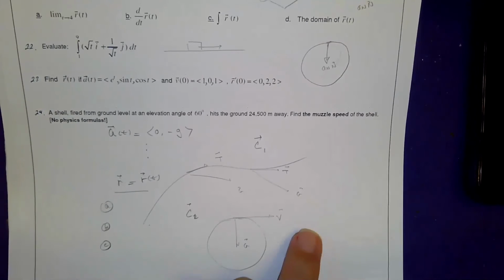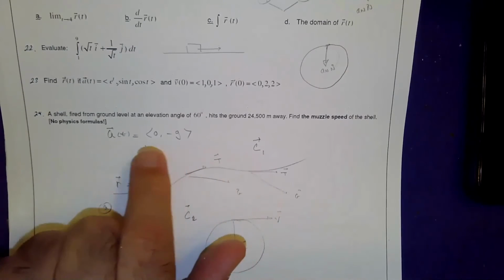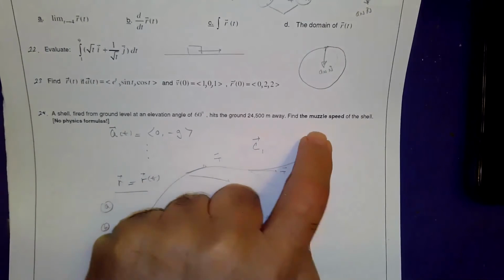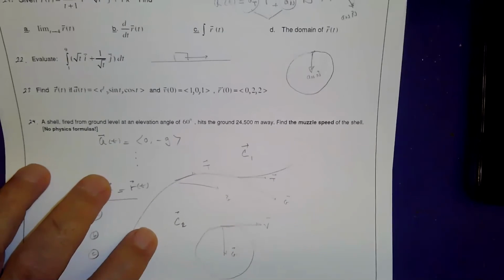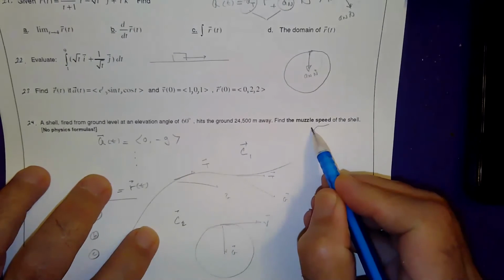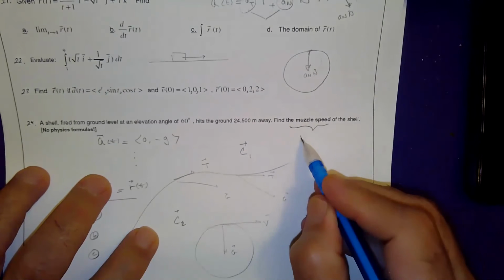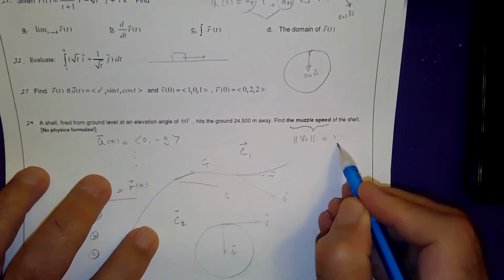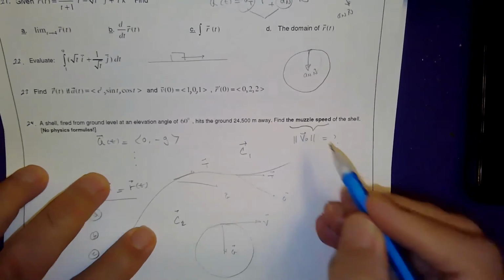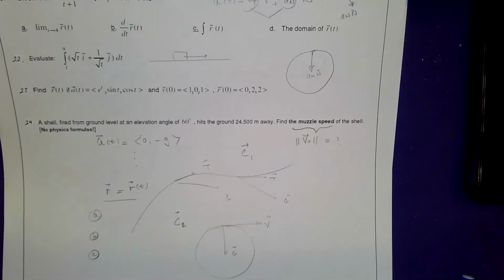The only problem here is you know everything, except you don't know what muzzle speed is. Does anyone know what muzzle speed is? It's the initial velocity. It's the magnitude of initial velocity that's missing.